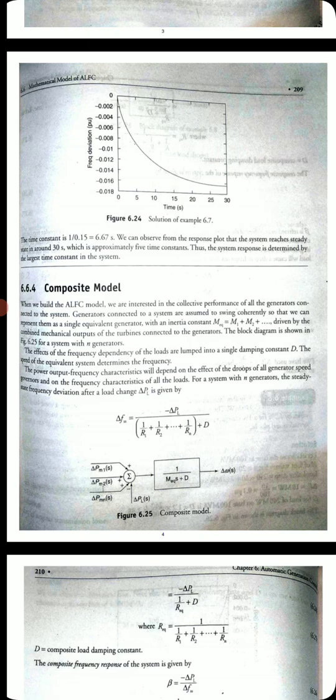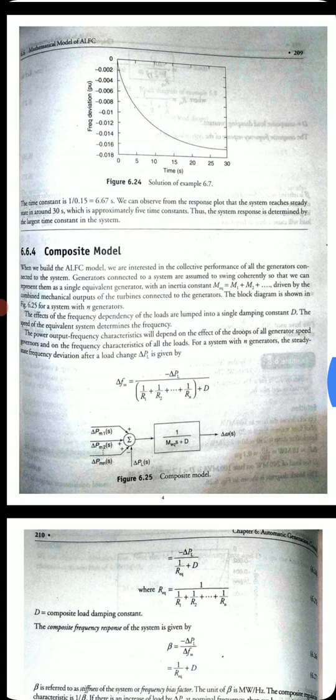You can see there delta PM1, delta PM2, till delta PMN. Then the effects of the frequency dependency of the load are lumped into a single damping constant D, and the speed of the equivalent system is determined. The output frequency characteristics will depend on the droops of all speed governors and on the frequency characteristics of all the loads.